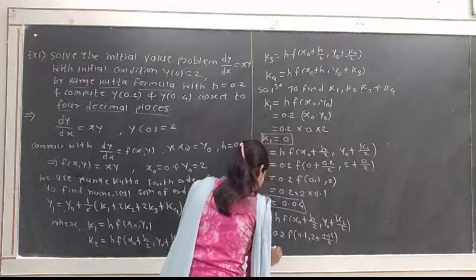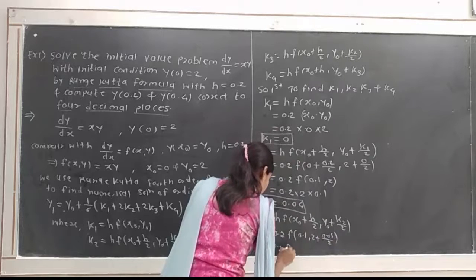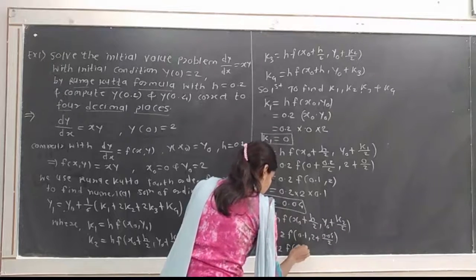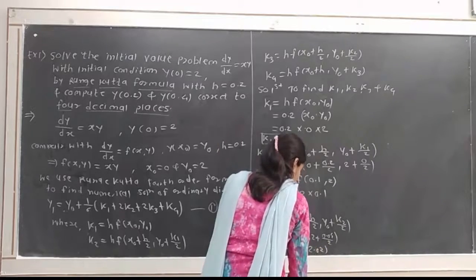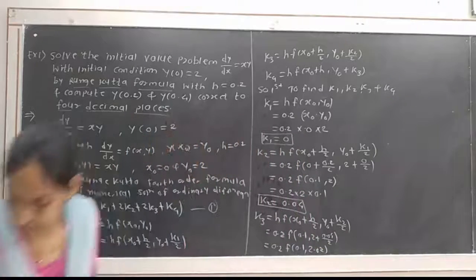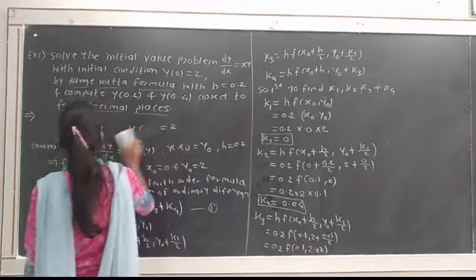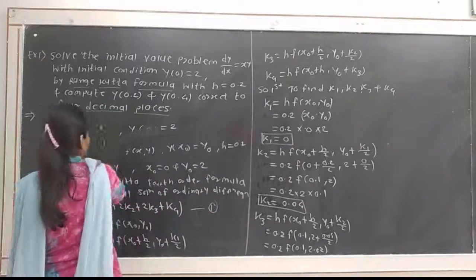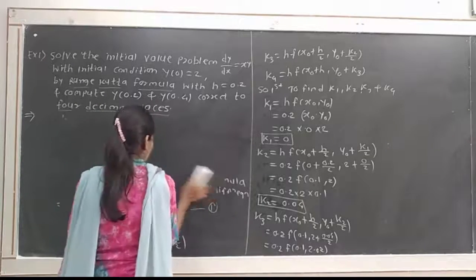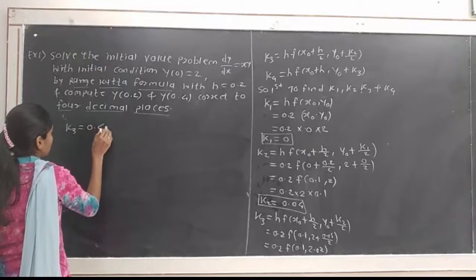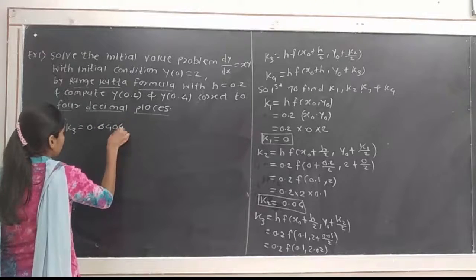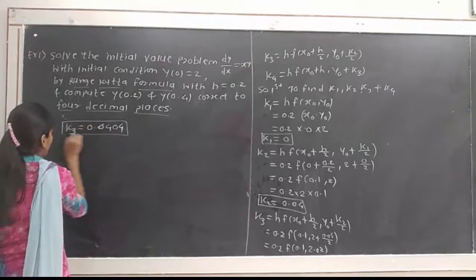So we get 0.2 f of 0.1 comma 2.02. After this calculation we get k3 equal to 0.0404. So this is the value of k3.